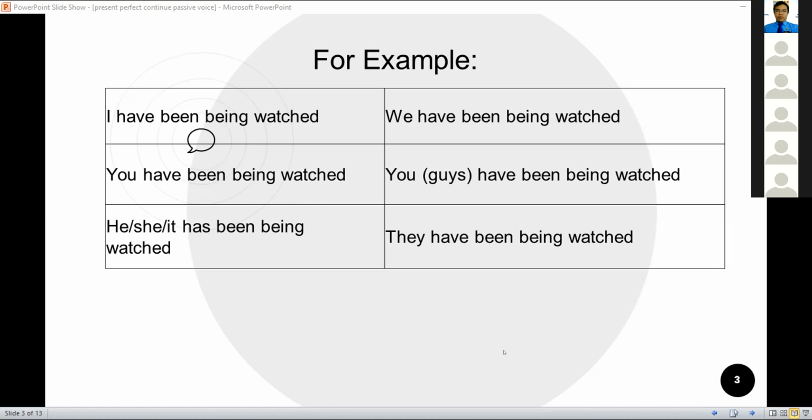Not continuous to passive, or just the present continuous? The present perfect continuous in passive, yes, because your topic is passive, right? Yes, teacher. Okay, please.